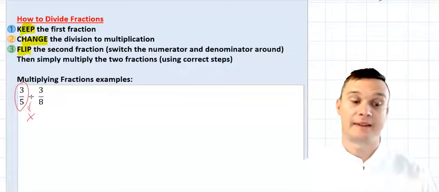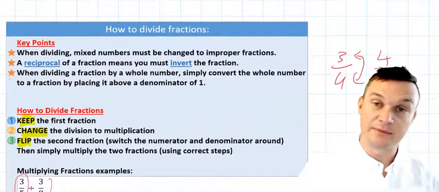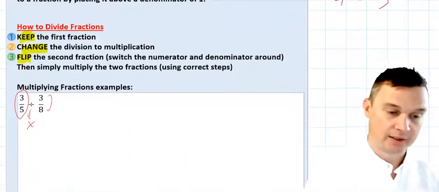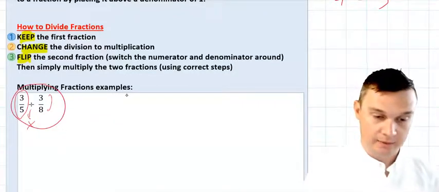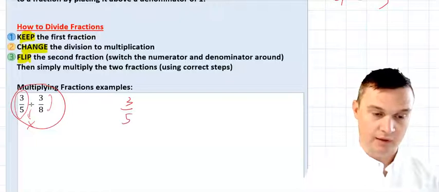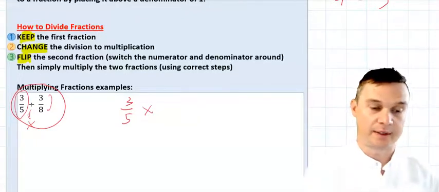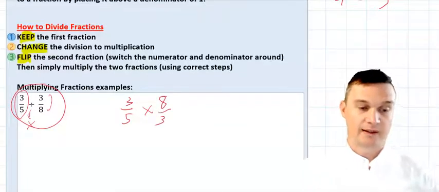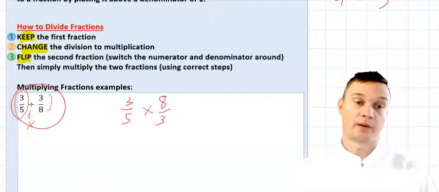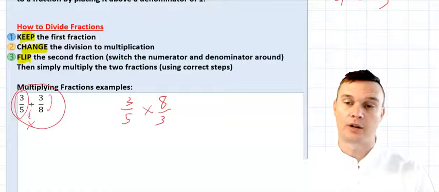And then you flip, or as we've said before, invert the other fraction. So if I rewrite this, I keep the first fraction, change the division to a multiplication symbol, and flip the second fraction. So 3 over 5 divided by 3 over 8 is the same as 3 over 5 multiplied by 8 over 3.